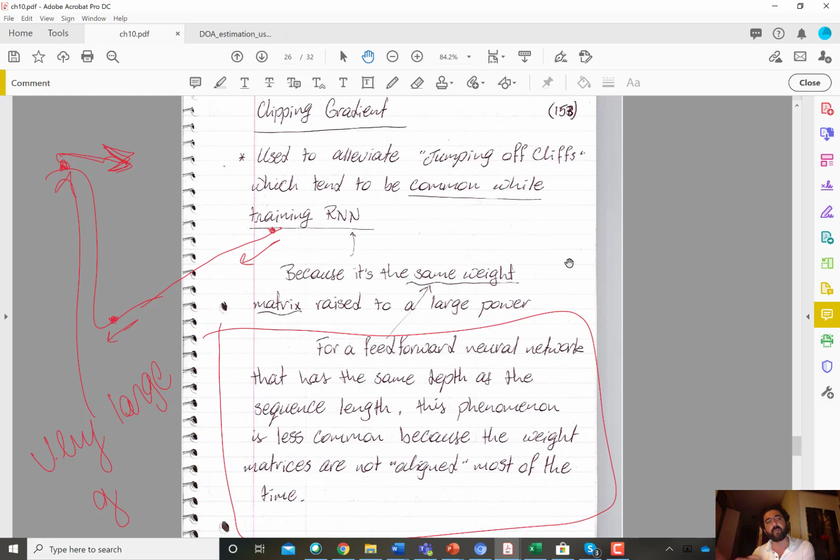These are not independent realizations of even the same distribution. It's the same realization, the same value for the parameter matrix raised to a large power. So it makes it more likely to have exploding as well as vanishing gradients. In the next video, we'll discuss the vanishing gradient problem and the strategies to deal with it. Here we focus on the exploding gradient.